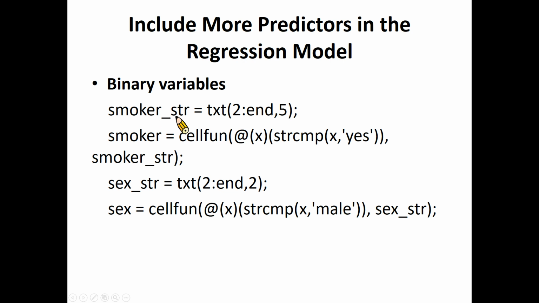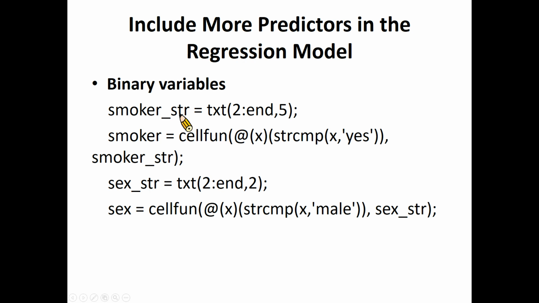You may argue that there are more statuses in smoking status, for example, a recent smoker, a past smoker, a current smoker, or a non-smoker. But in this case, we only define it as smoker or non-smoker. So we don't know whether this individual is a current smoker or past smoker, but they are all considered smokers. So in our table, the smoking status is binary because it only specifies smoker and non-smoker.